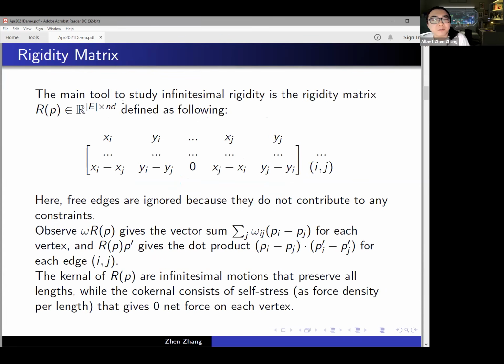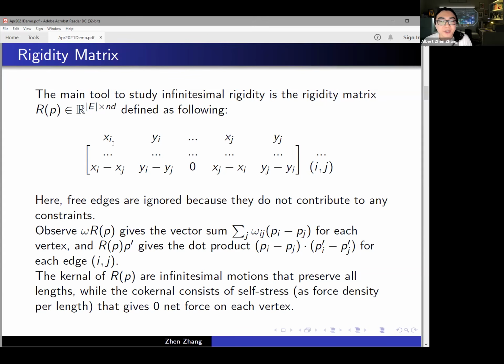The main tool used to study infinitesimal rigidity is the rigidity matrix, defined as the following. The columns are labeled by vertices, and the rows are labeled by edges.